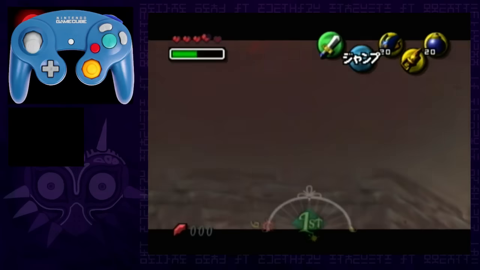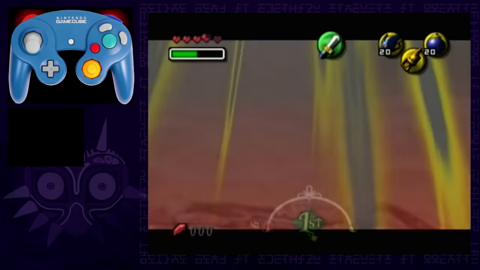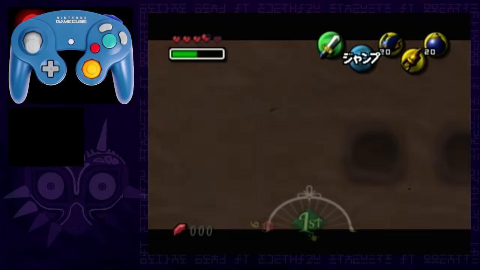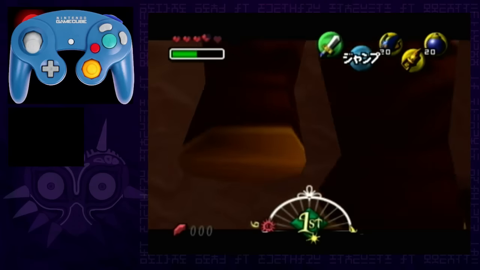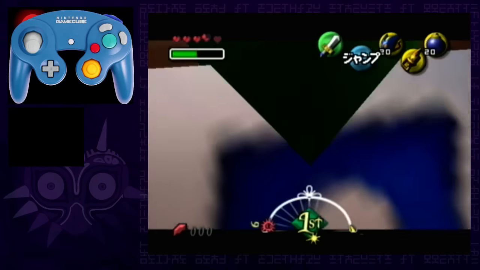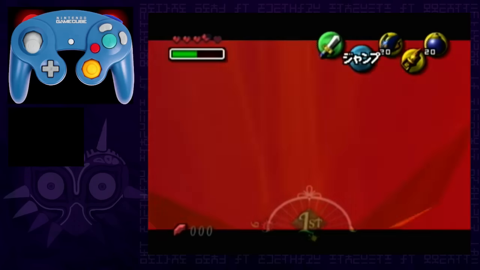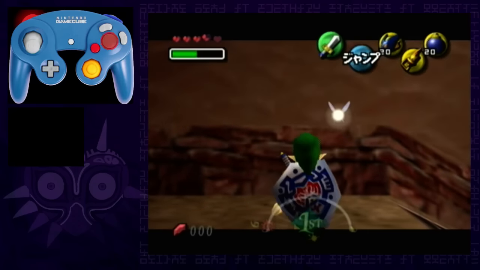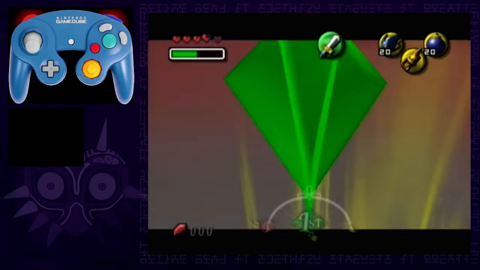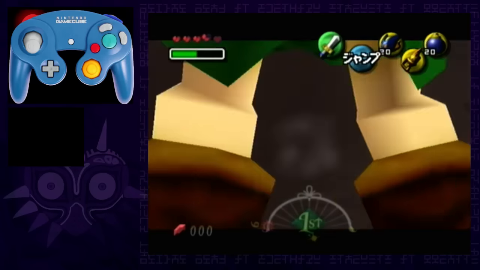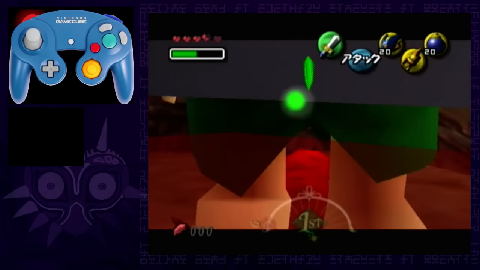But the most important thing here is the gap between the A input and the Y input. Like, let's say you delay the Y input by only a few frames, it's not going to work.